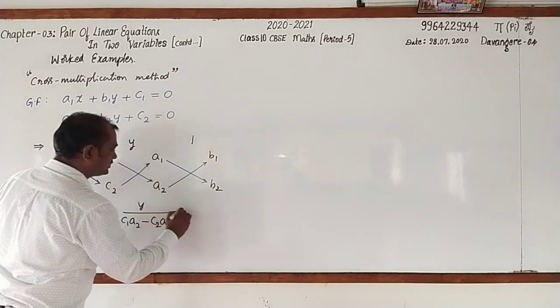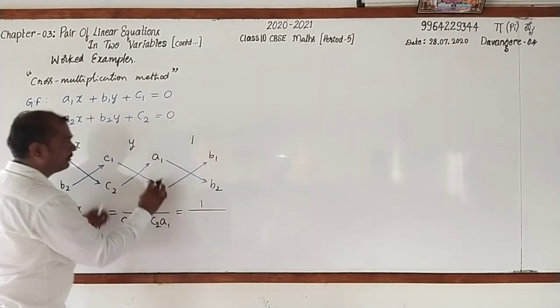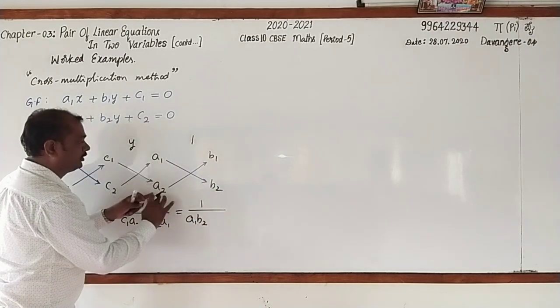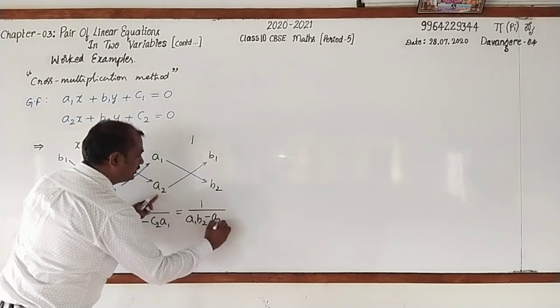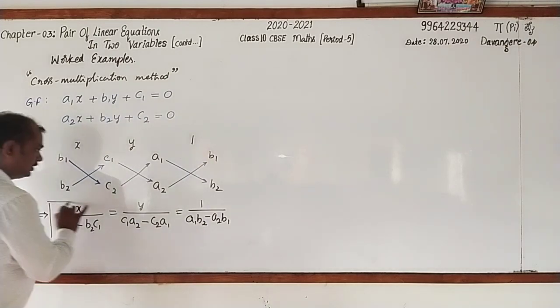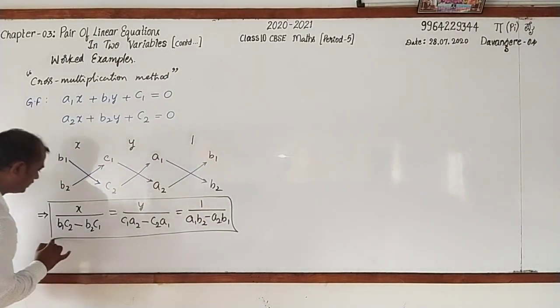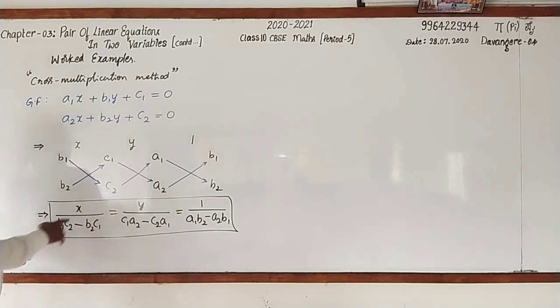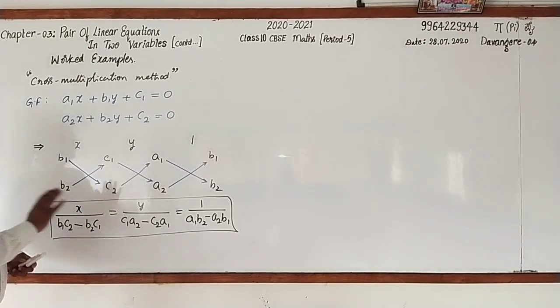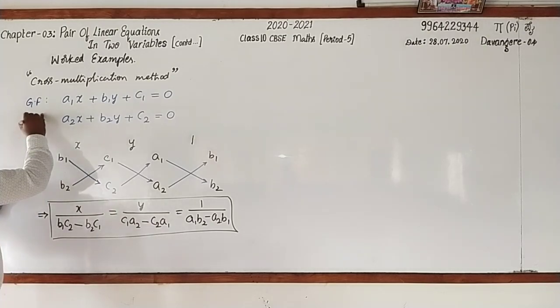Clear? Next, constant 1 by, it is a1 b2 minus a2 b1. Hope that you have understood. It should be written in this way. The given equations should be written in this form. Then you can go for solving x and y. This is from NCERT.